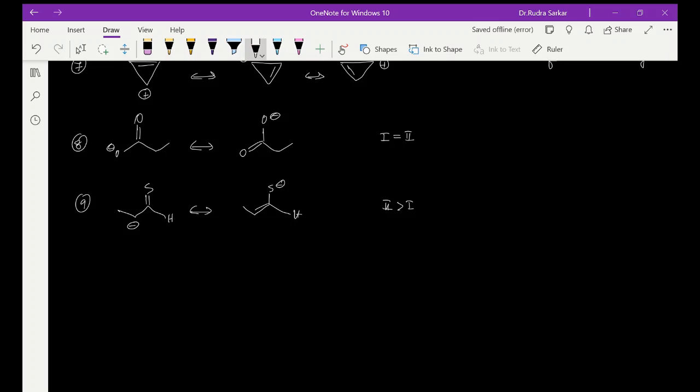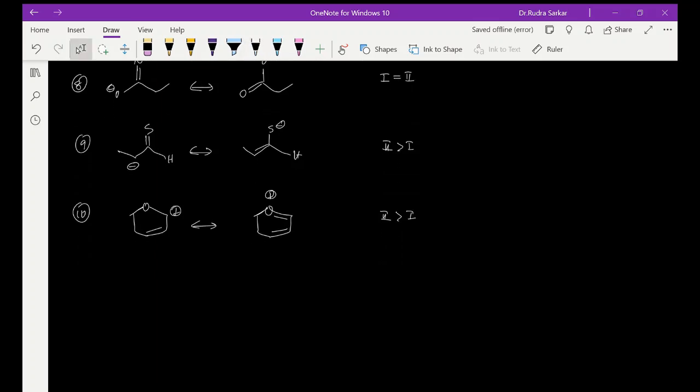Okay. In number 10, two is more stable than 1 because all the atoms in 2 are having an octet.